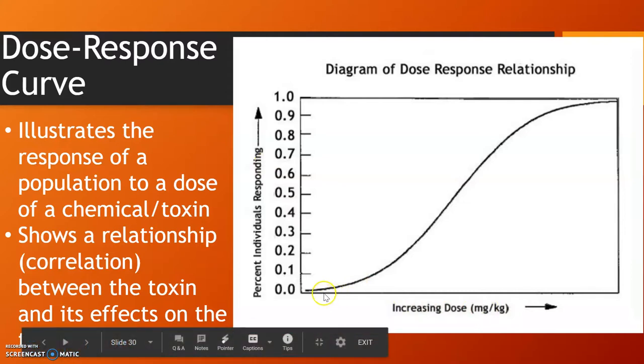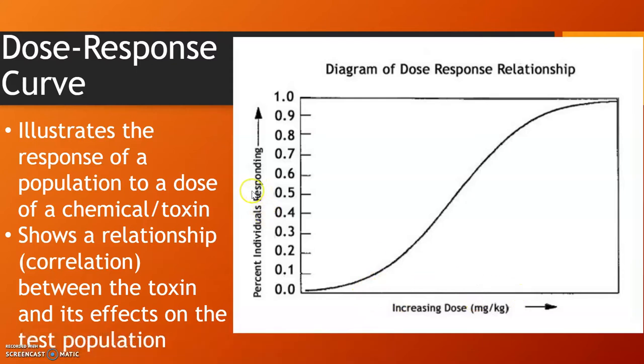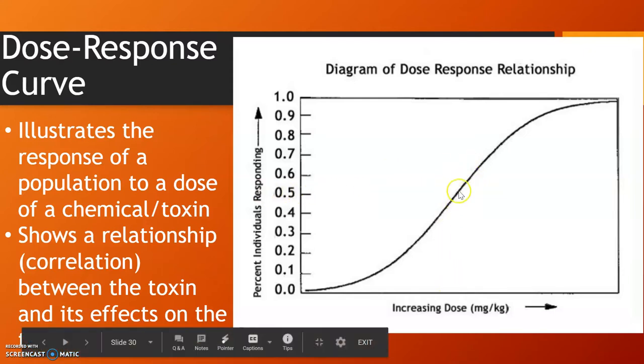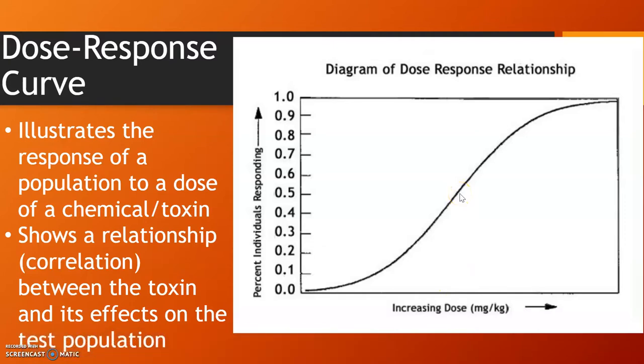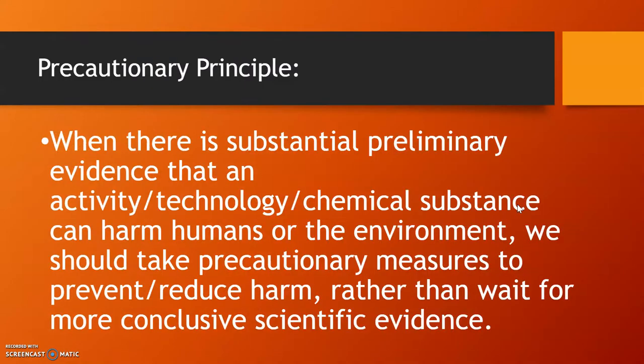So this is 1 aspirin, 2 aspirins, 3 aspirins, 4 aspirins, 5 aspirins, and then at what dose do 50% of the individuals respond? It would be however many aspirins we had down here. We can read this same graph for an LD50 and see where 50% of the population die. And so the graph looks the same whether you're looking at a dose response curve or an LD50 curve.